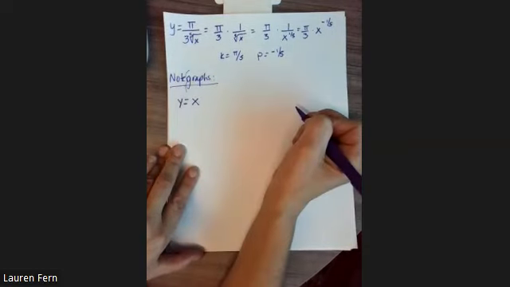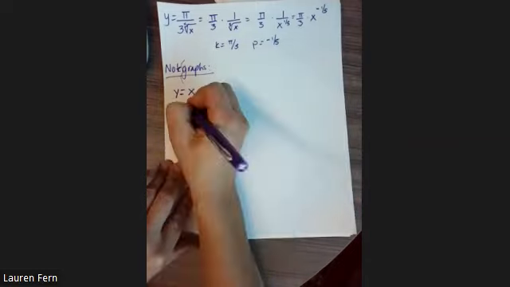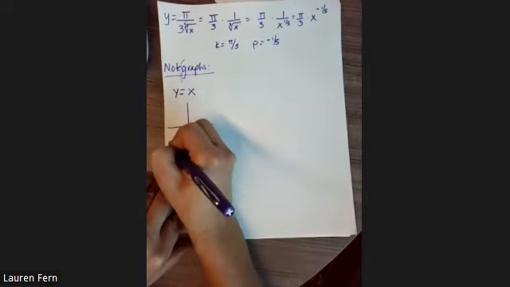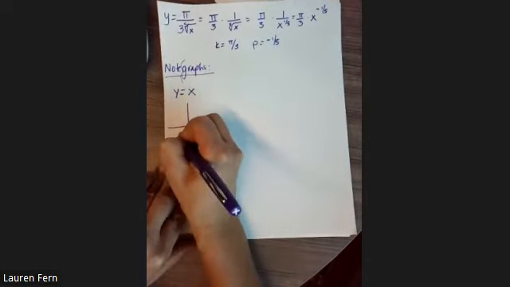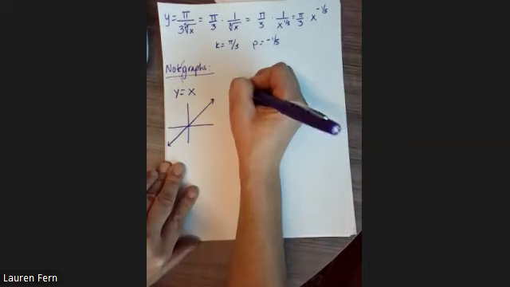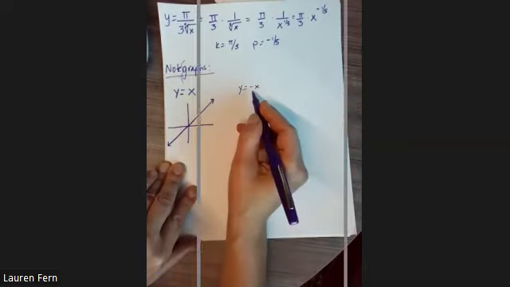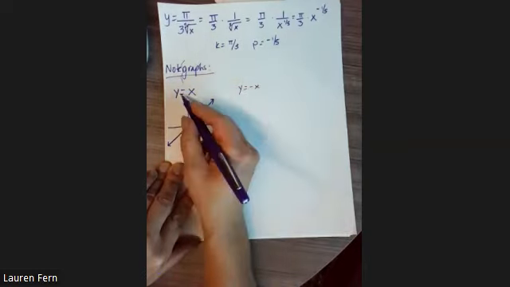So for example, when I have y equals x, we know that this is the equation of a line with slope 1 and y-intercept 0. And I could say, well, y equals negative x. In other words, I'm just going to make it a negative coefficient. Just looks like this.